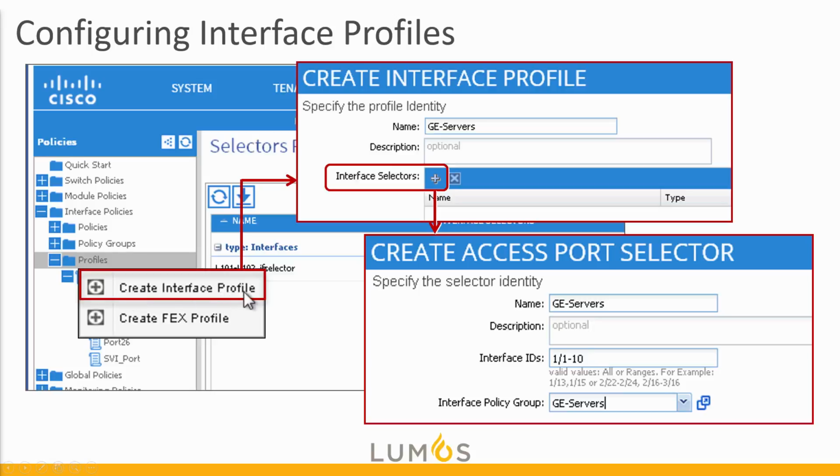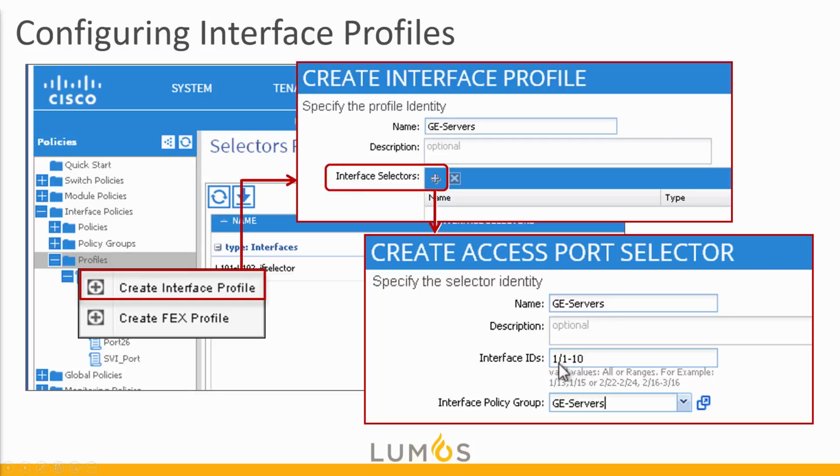So then we can create the interface profile, and from there we specify the interface selectors. For instance, this interface profile is called GigE servers, and the idea is that this profile is not just for one interface, but for multiple interfaces, and the interface selector or ports are going to be 1/1 through 10.